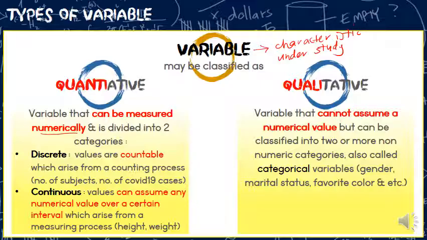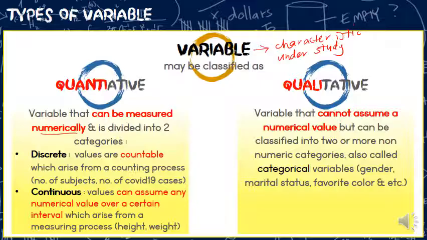But apabila variable awak itu boleh ambil bentuk point form, then it is called continuous quantitative. Values can assume any numerical value over a certain interval, which normally arises from a measuring process.